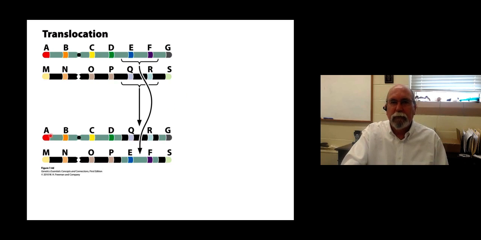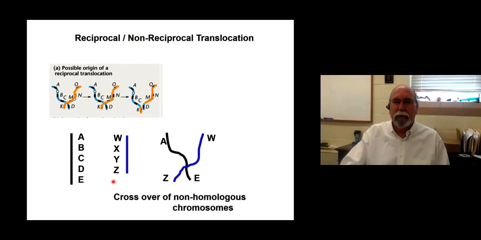And this sort of shows that we have A, B, C, D, E, F, G, our standard chromosome, and a completely different chromosome. This might be chromosome number 2, and this number 14 or something like that. And somehow pieces of 14 end up stuck on the end of 2, and 2 ends up stuck on the end of 14. This is known as a reciprocal translocation.